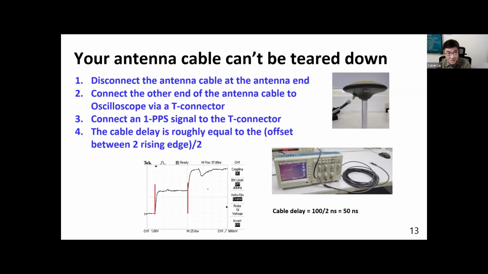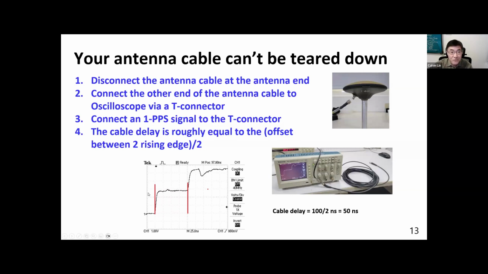But in another case, if your antenna cable cannot be taken down, at that time you can disconnect your antenna cable at the antenna end, and connect the other end of the antenna cable to an oscilloscope by a T connector, and connect the 1 PPS signal to the T connector. And the free end will reflect the 1 PPS signal back to the oscilloscope channel.